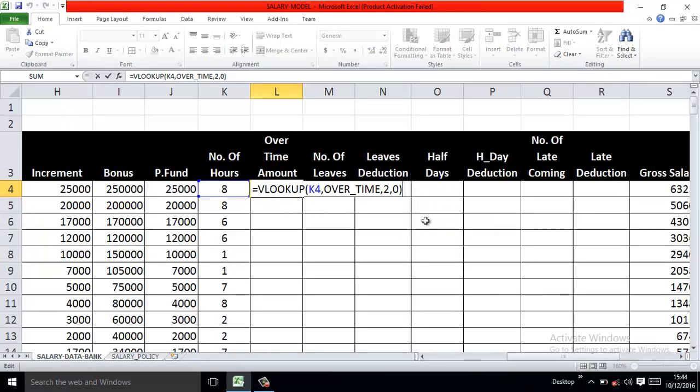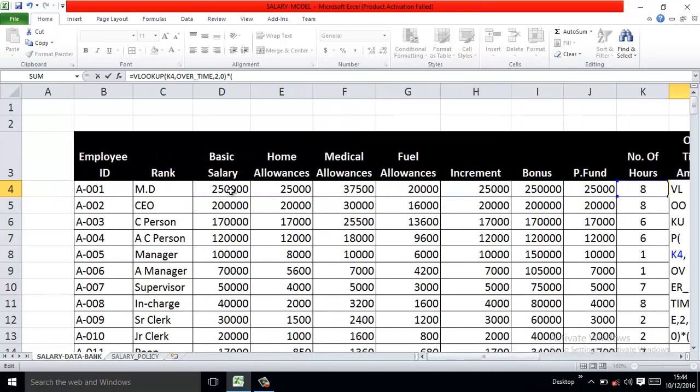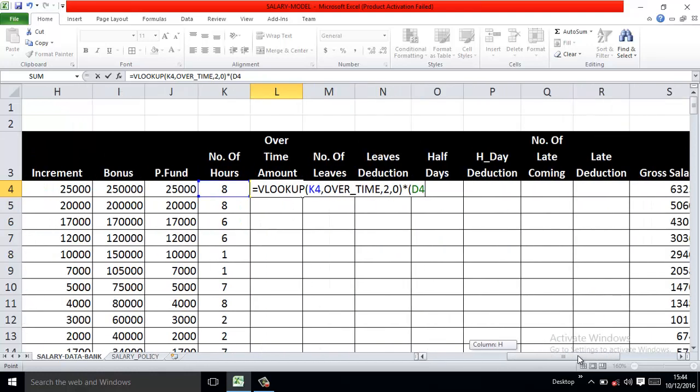Now I have to multiply this with the per hour salary, that is basic salary divided by 240. What is 240 here?